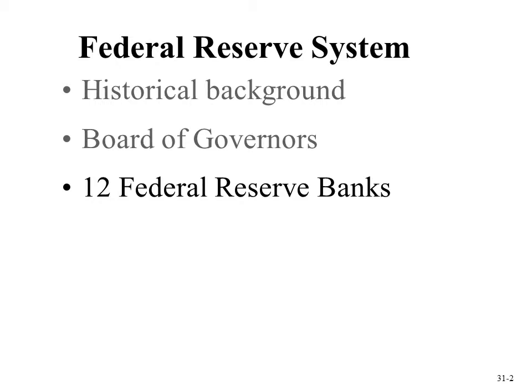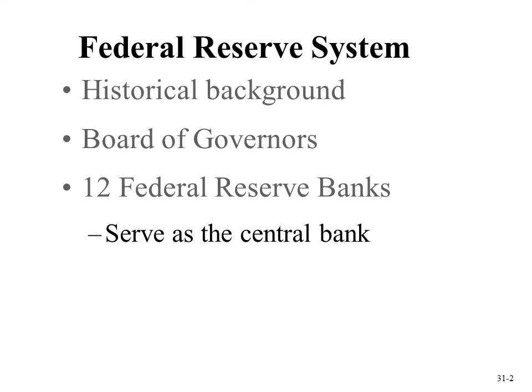Each of the banks has its own president, like the Federal Reserve Bank of Philadelphia, the Federal Reserve Bank of New York, and of Richmond. 5 of the Federal Reserve Bank presidents serve on the committee to make decisions. The Bank of New York president is always on the committee, and the other 4 rotate. Collectively, they work as a central banking system.